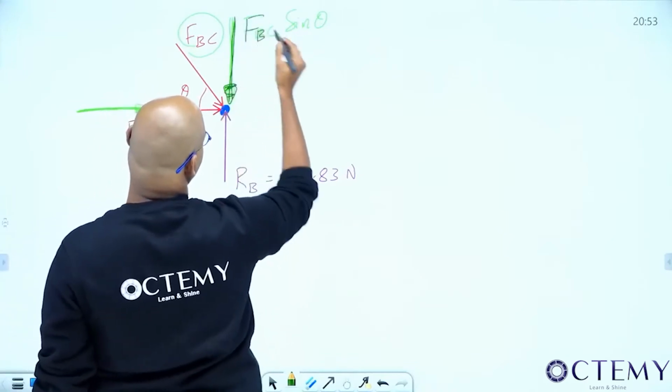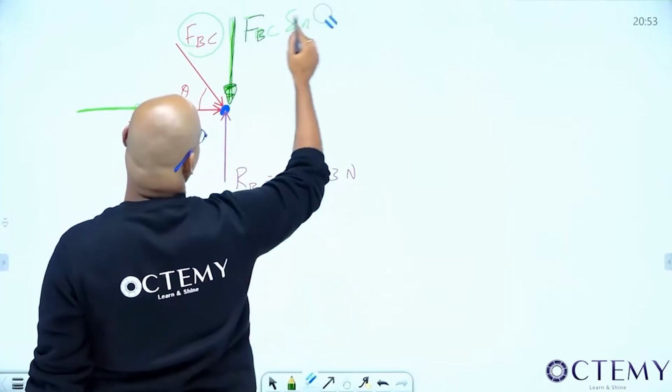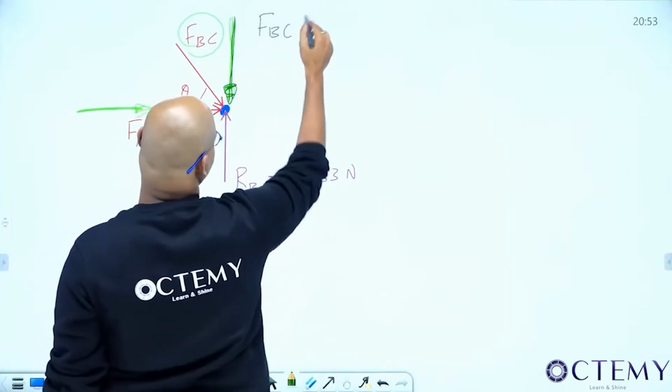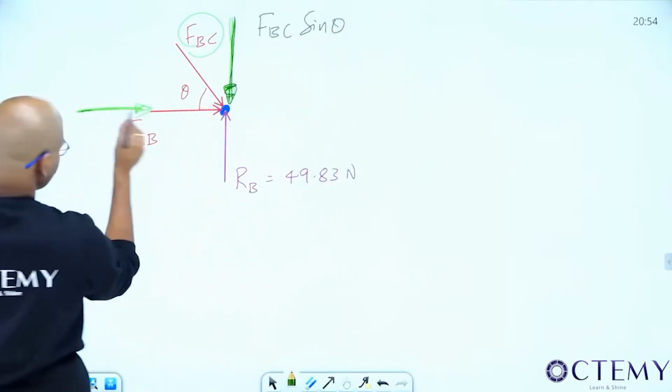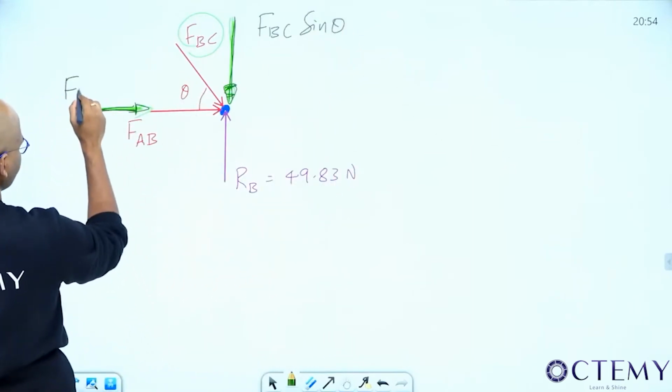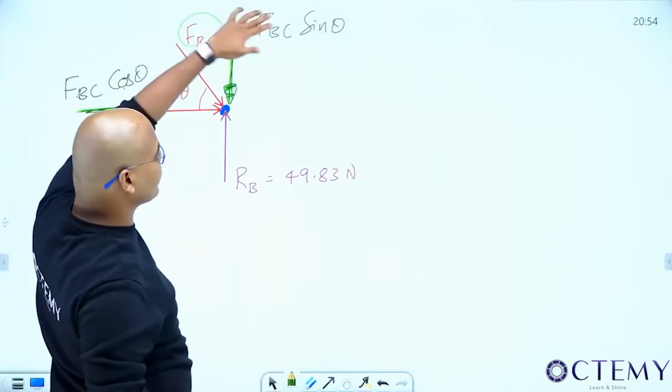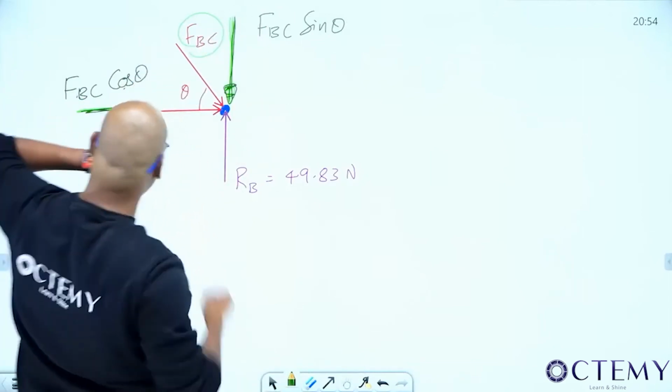This is FBC cos theta. See, in the previous problem I wanted FBC, so directly I equated these two, but now I want FAB.